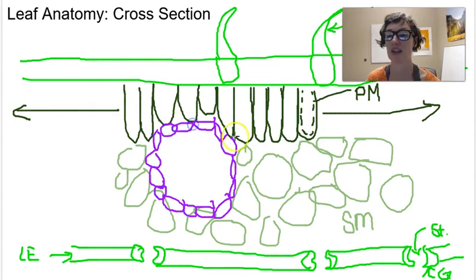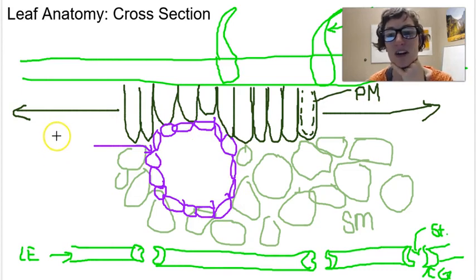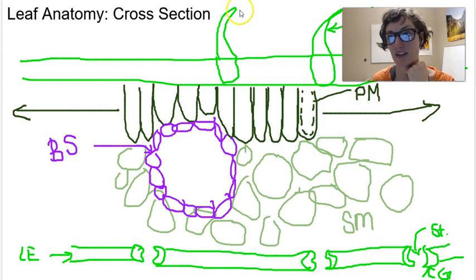It is super obvious and distinguishable in corn, which we'll see as our monocot leaf example, because corn is a C4 plant, and C4 plants do all of their Calvin cycle in their bundle sheath cells. So if you remember from C4 photosynthesis, these were the cells that we were talking about of where the Calvin cycle happens and where rubisco is located. So this is the bundle sheath, and that surrounds the vascular bundle.